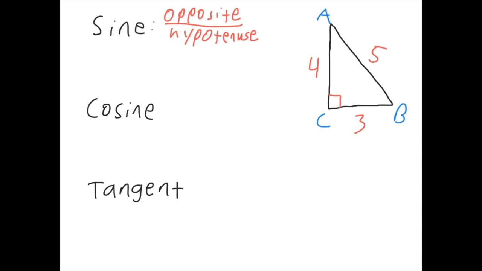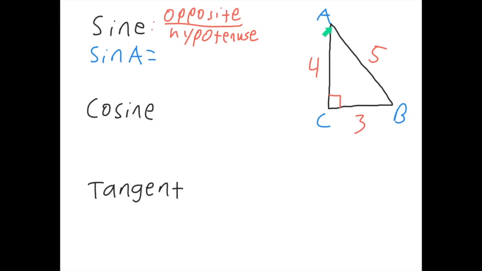Say we have the sine of A, and sine is always abbreviated SIN, but it's pronounced sine. So if I want to find the sine of A, that's going to be equal to the opposite side divided by the hypotenuse.